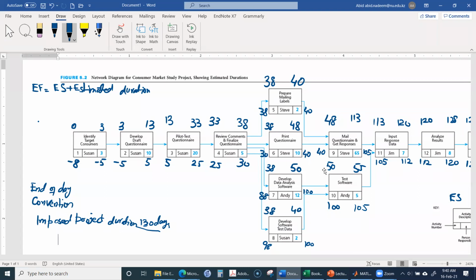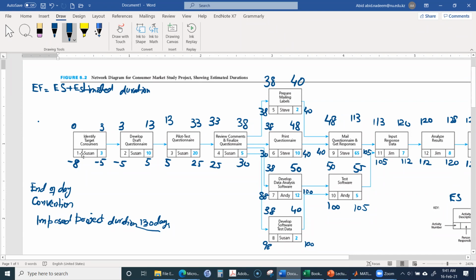In this backward pass, we have found that there are some activities which need to be started earlier.